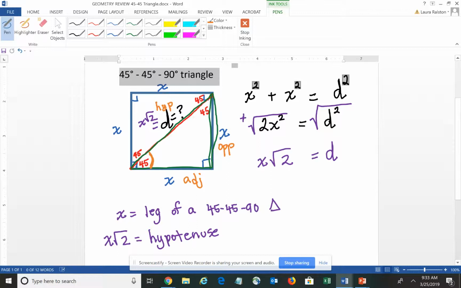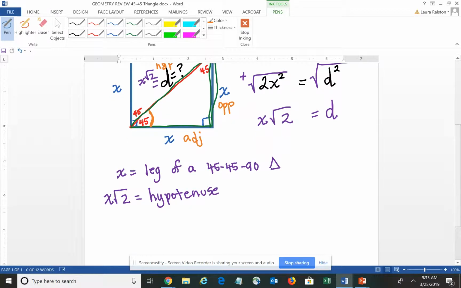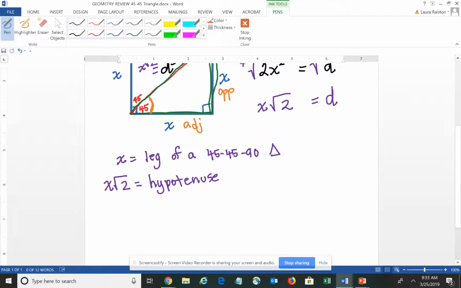So what would be the sine of 45 degrees, which is the opposite over the hypotenuse? We would have x over x times the square root of 2.